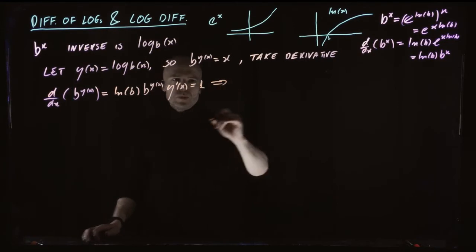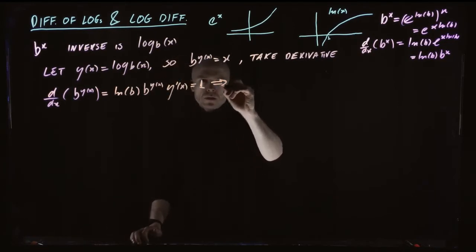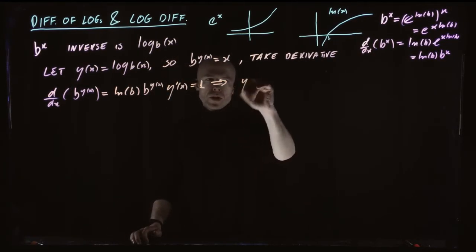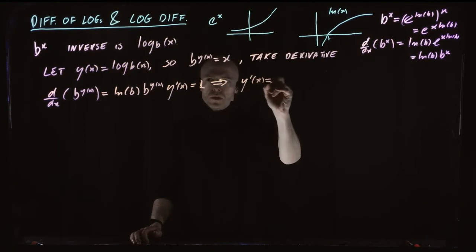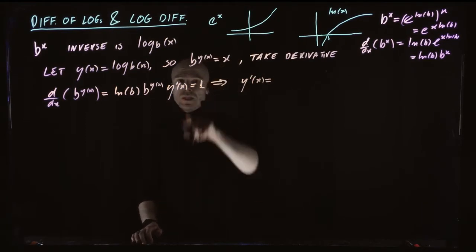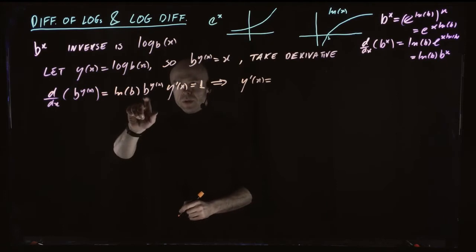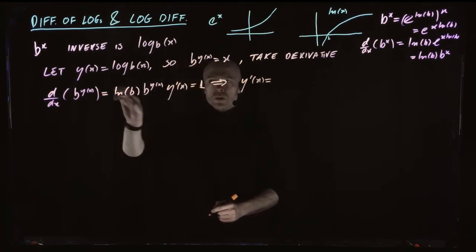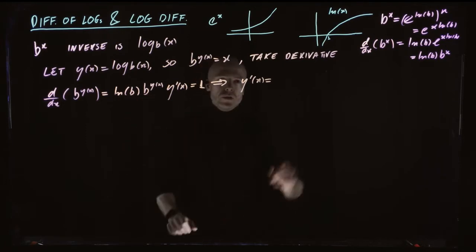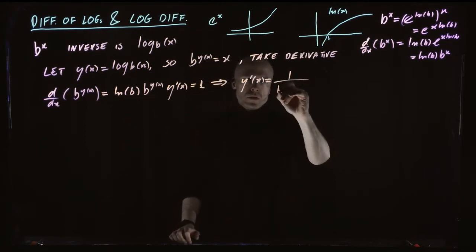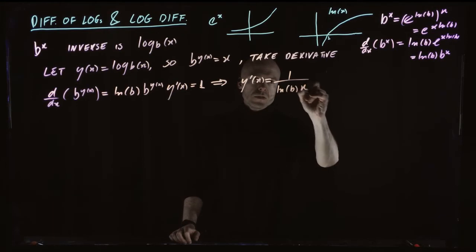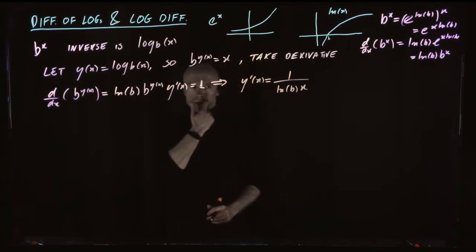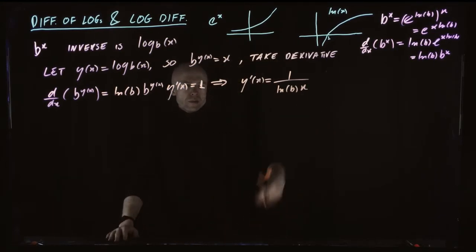So this implies that y prime is equal to 1 divided by all of this. But b to the y of x is just x, so when you divide this through, what we have is 1 over natural log of b, times x. Okay? So many of you presumably already know that the derivative of log is 1 over x. This is why.